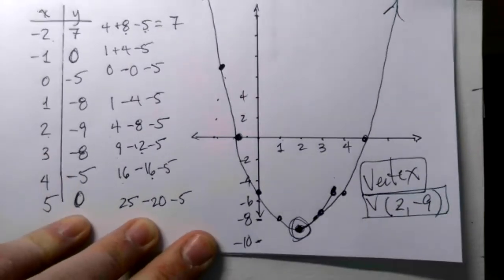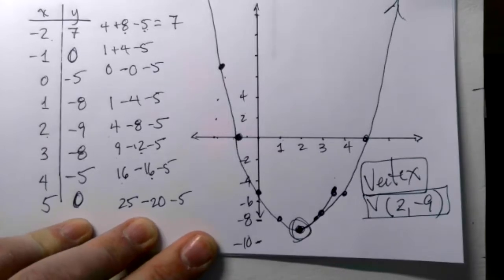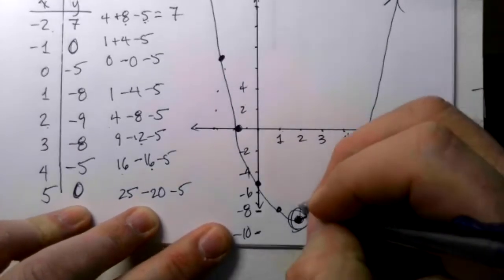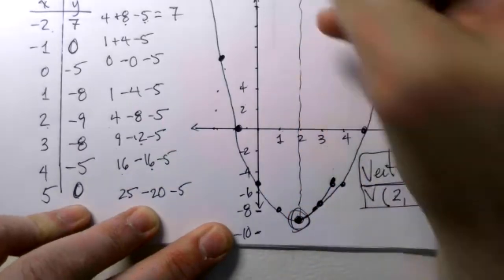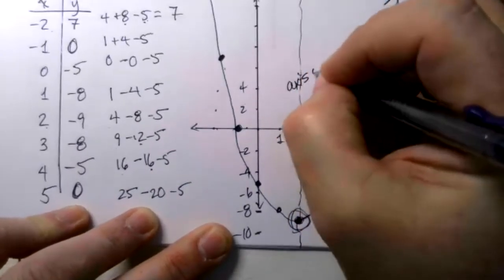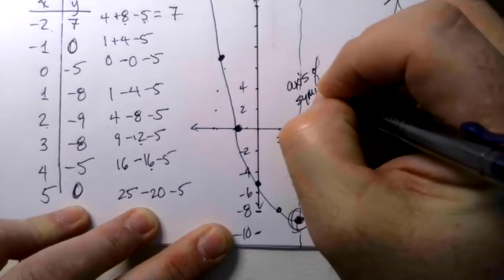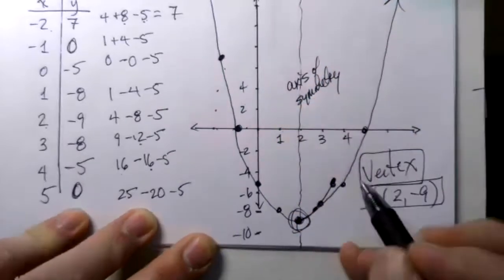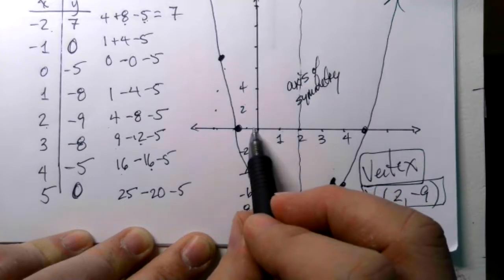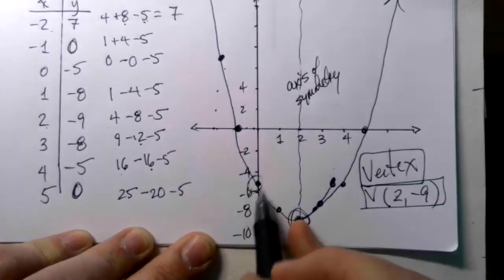There is also a line that establishes the symmetry. It's in effect where the mirror would be if we were talking about the balance. And it always goes right through the vertex. So this line is called the axis of symmetry. And the idea is that if I go 2 to the left of that axis, notice my y value was -5.